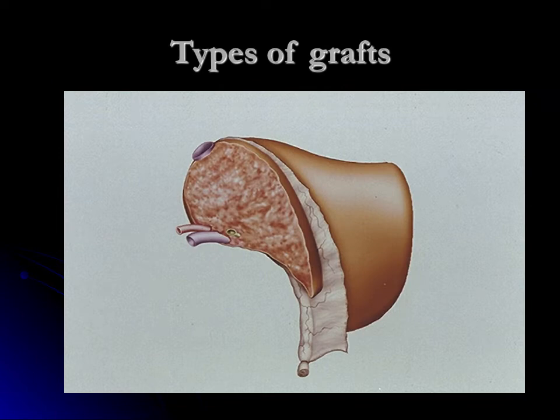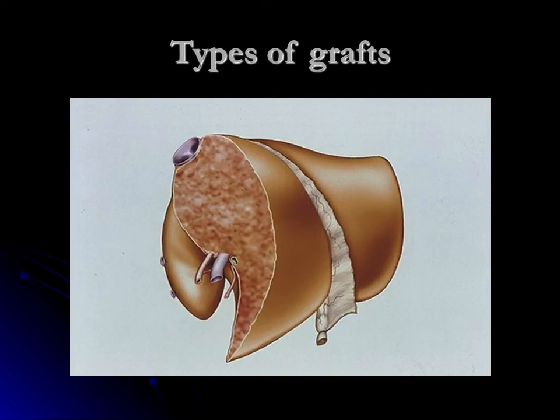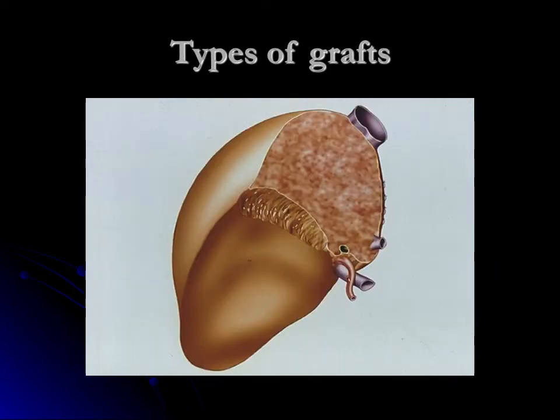What kind of graft can we implant? We can implant either segments 2 and 3, which is called the left lateral segment, mostly in the pediatric age group, or the whole left lobe, including segments 1, 2, 3, and 4, or we can implant the right lobe, usually in the adult, which is the whole right lobe.